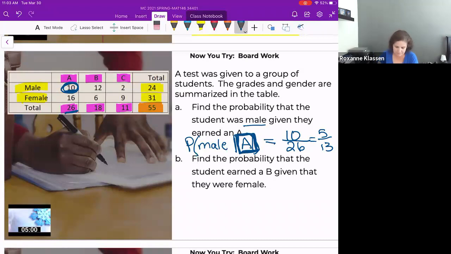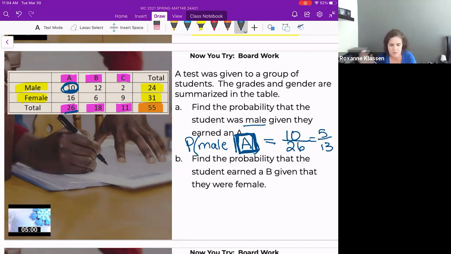Okay, you try the second one. You try the second one, get it ready in the chat. And you don't have to give me all three.